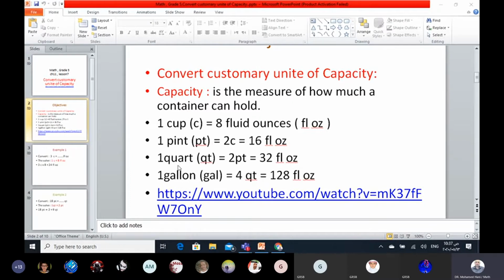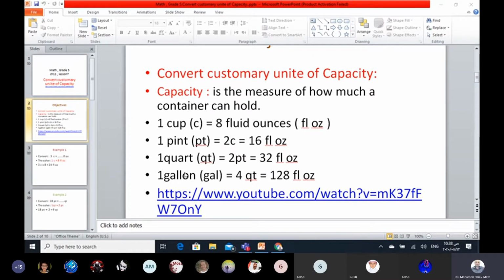So 1 quart equals 2 pints and equals 32 fluid ounces. The last rule here, 1 gallon. The symbol is GAL. 1 gallon equals 4 quarts, and equals 128 fluid ounces.